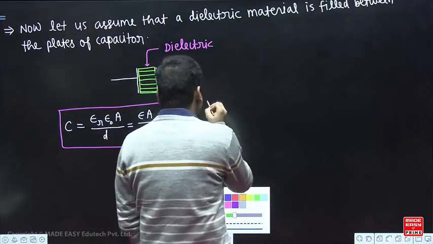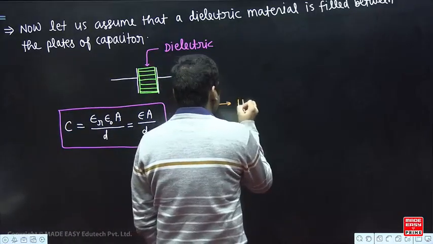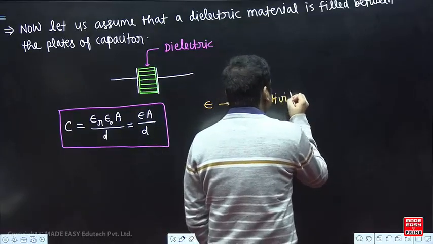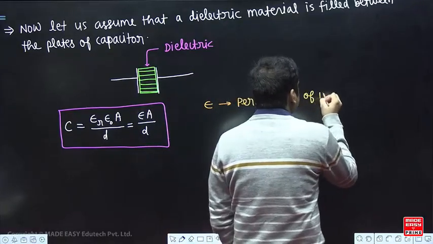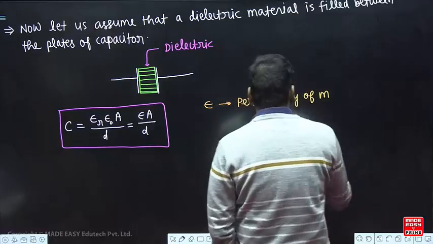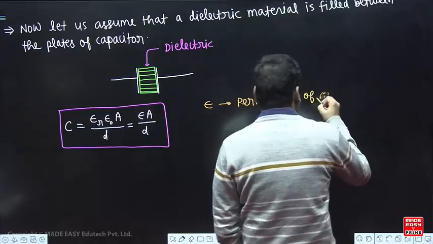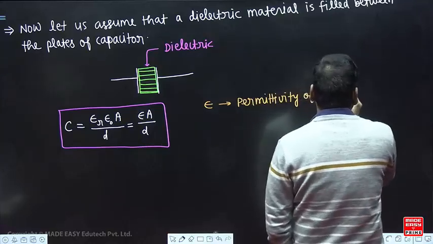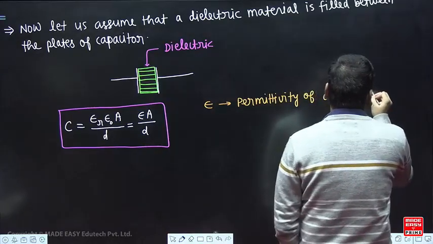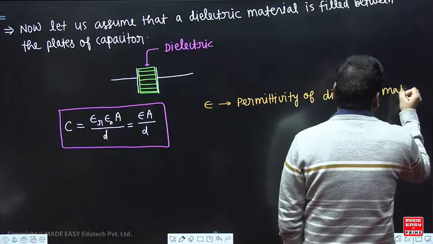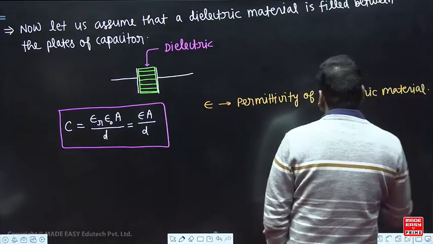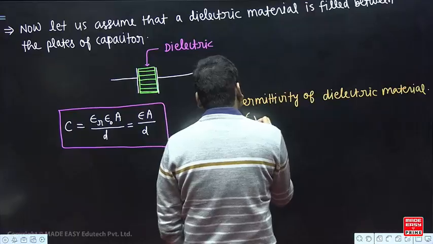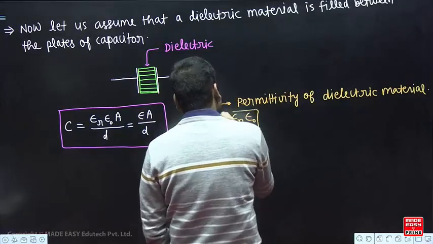Epsilon is the permittivity of the dielectric material. Epsilon is equal to epsilon R into epsilon naught.